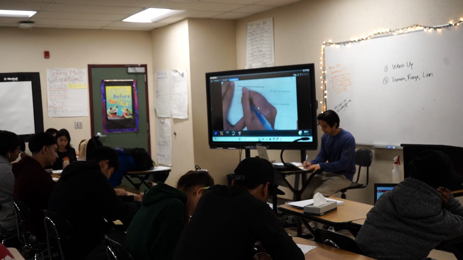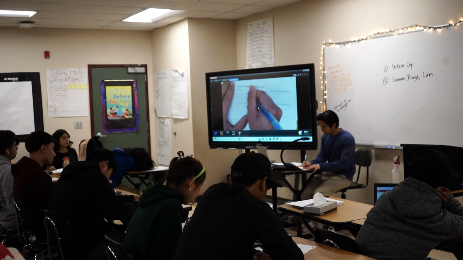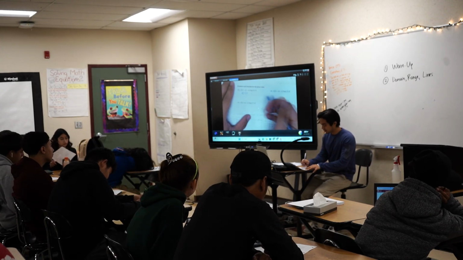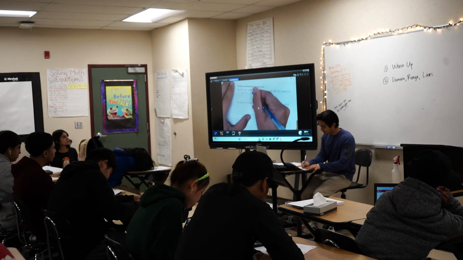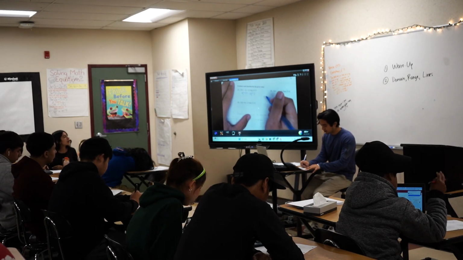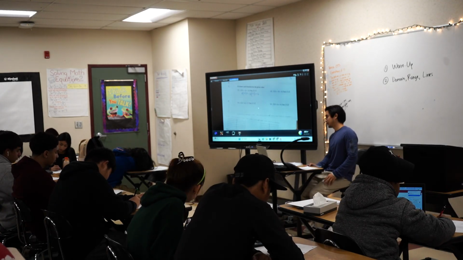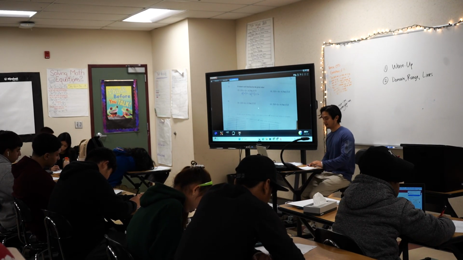So if it's f of negative 7 equals negative 2 times x, where x is negative 7, minus 6. Okay, and then you just solve from there.